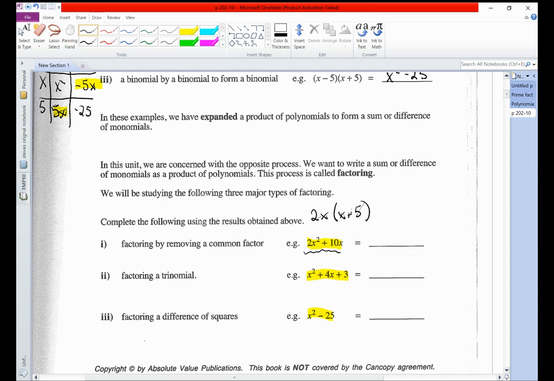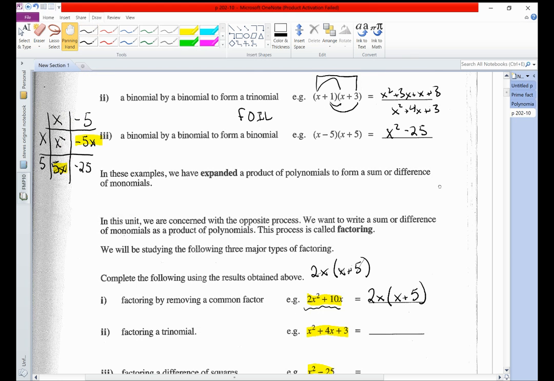Well, if we're going the opposite way, if we're factoring, we should end up back at 2x times x plus 5. Same with the middle one. We finished expanding and we got x squared plus 4x plus 3. So if we factor it, it's going to give us what we started with, which was x plus 1 multiplied by x plus 3.